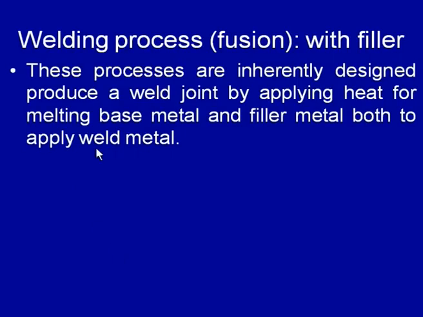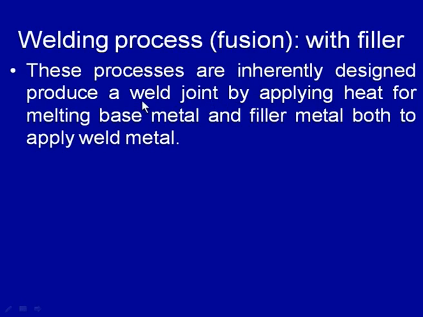You will see now some other welding processes where fusion is carried out and filler material is used. These processes are inherently designed to produce a weld joint by applying heat for melting the base material and the filler material both, so that weld metal can be applied in the places where it is required, and metallic continuity can be obtained to produce the weld joint.